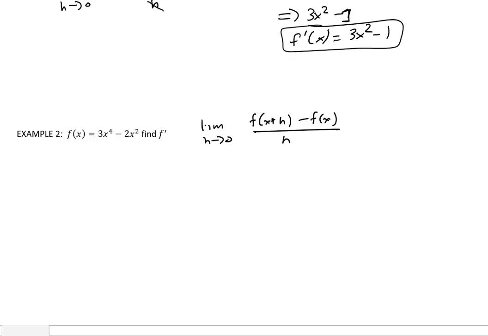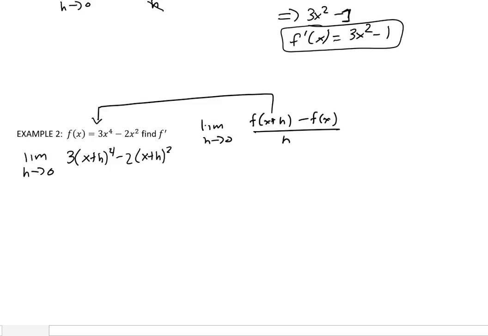And that's going to give me 3 times x plus h to the fourth minus 2 times x plus h squared minus, and then we put the function f of x right there, so 3x to the fourth minus 2x squared, all over h.